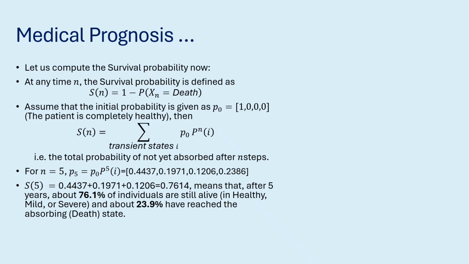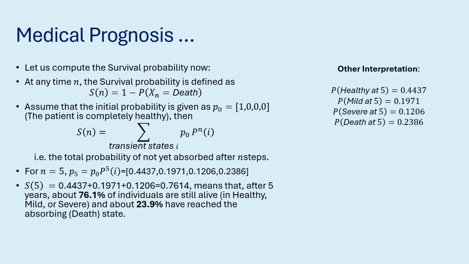S of 5, for n equal to 5, is calculated as 0.7614. That means after 5 years, about 76.1% of individuals are still alive. And still alive means they can be in the healthy, mild, or severe case. Even then, we can find the healthy, which is going to be 0.4437, and mild at n equal to 5 is 0.1977.